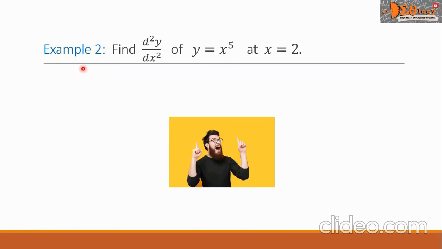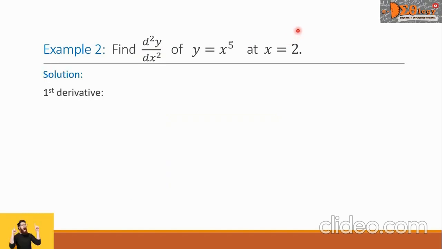Let us see example 2. Find d square y over dx squared. So this is about the second derivative of the function y equals x raised to 5 at the point x equals 2. Let's begin with finding the first derivative. So we have dy over dx equals the power 5 comes down here as coefficient.